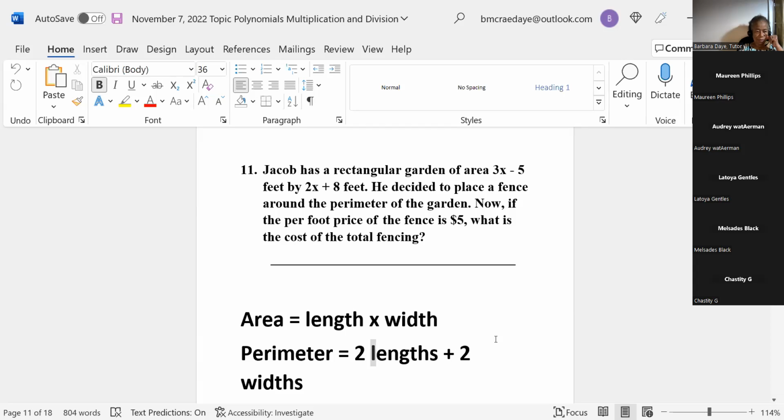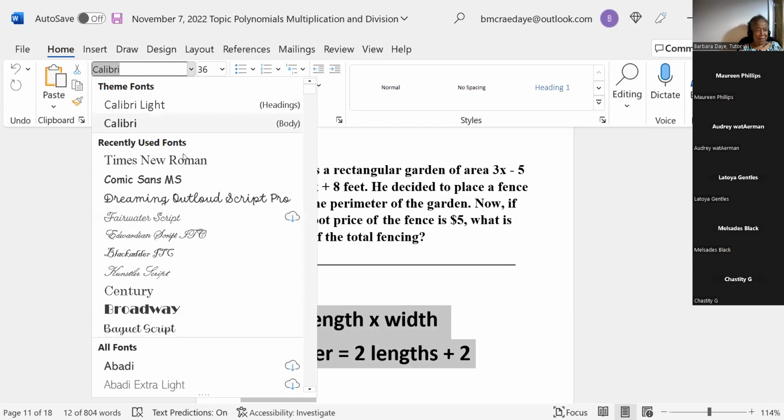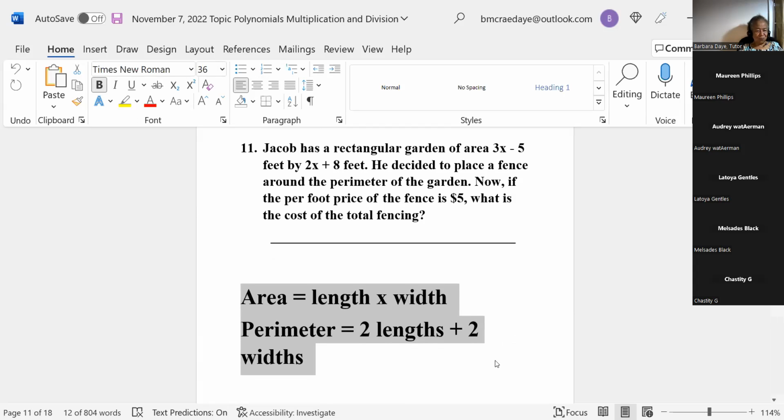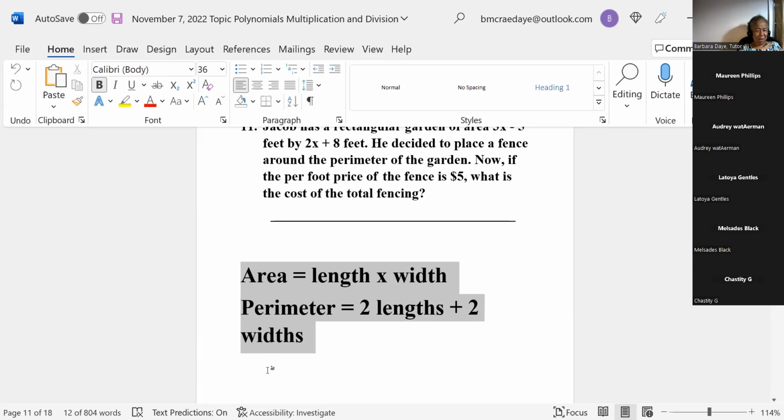All right, anybody want to tell me how to get started? Anybody? Length plus the width plus the height. I don't know. Not right. Well, let's just try substituting perimeter. What would perimeter be equal to, Audrey?